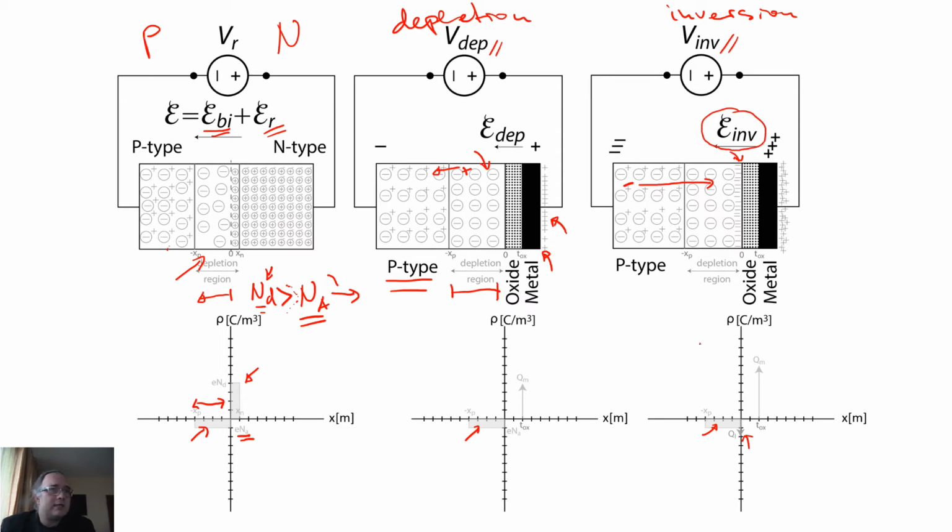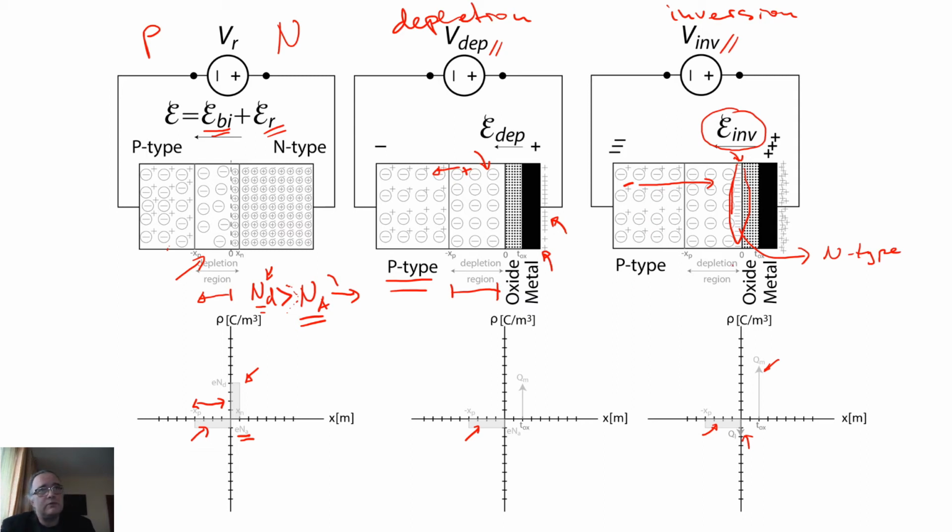On the other side, of course, the positive charge is increased, and both balance each other. The name inversion comes from the fact that in this thin layer at the interface between the semiconductor and the oxide, the semiconductor behaves as an n-type, because in the vicinity of this interface the majority carriers are now electrons, which used to be minority carriers in the p-type semiconductor.